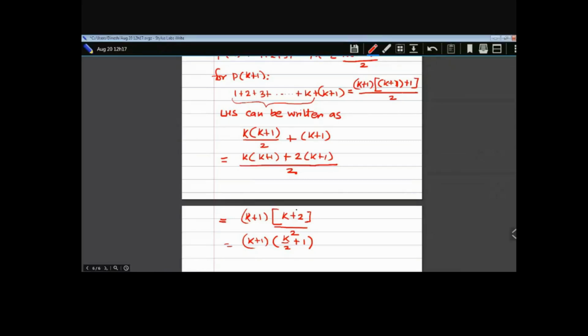Or we can keep it as it is, I don't mind. So take k plus 1 outside. What you have is k plus 2, whole divided by 2.